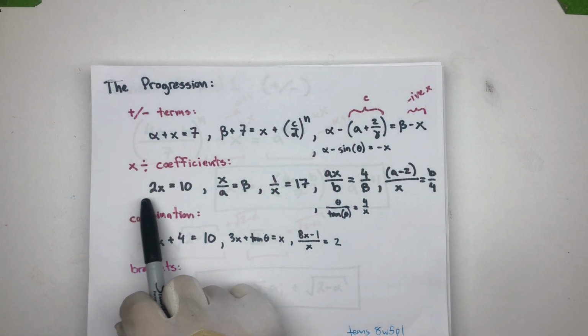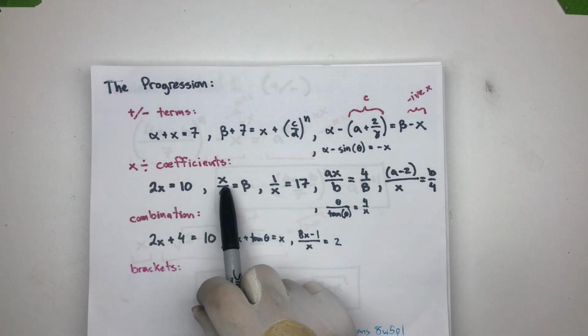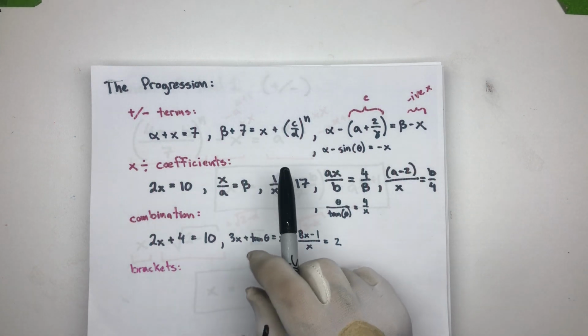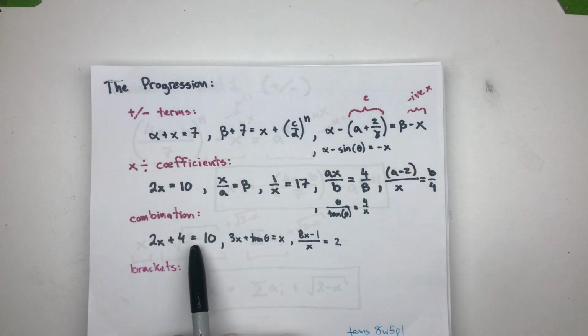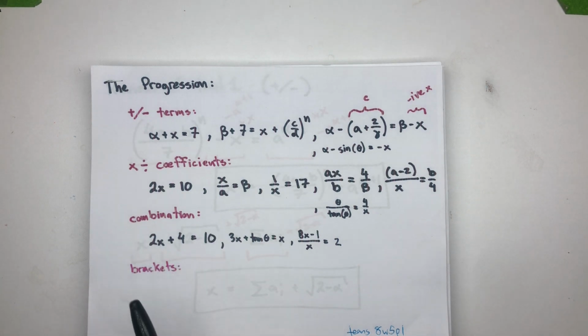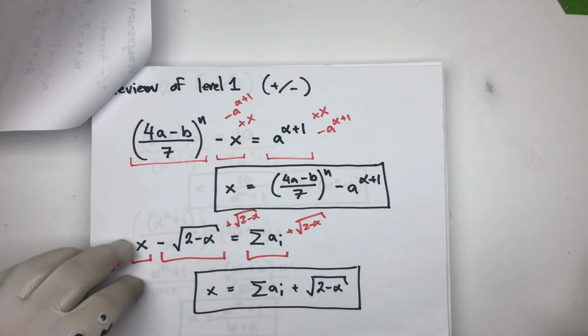First thing we have to do is move all the terms first, then deal with the coefficient. The coefficient is multiplied by x, so we have to divide it out. Same here. This one is divided. X is divided by a, so we have to multiply it by a to get it out. And then we're doing combinations where we have to do subtraction of the terms first, isolate our x, and then remove the coefficient. We've been doing stuff like that.